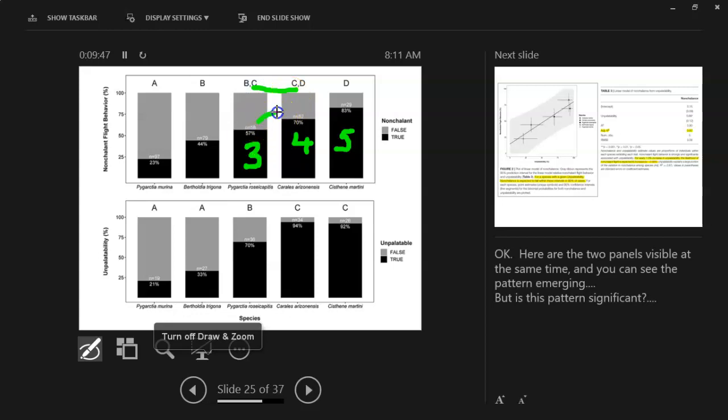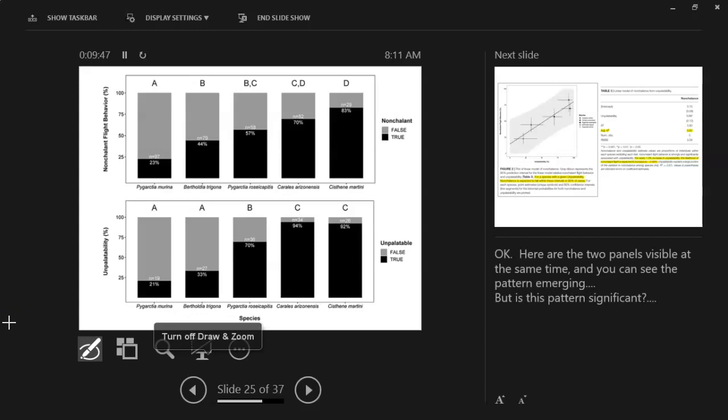These two species are similar to one another, these two are similar to one another, but 5 and 3 are not similar to one another. That's a typical outcome in these kinds of comparisons, whether you're looking at ANOVAs or these special binary data analyses.